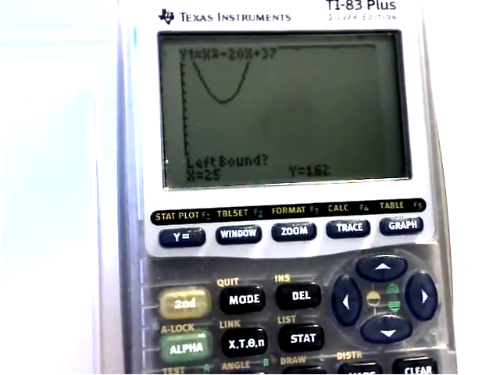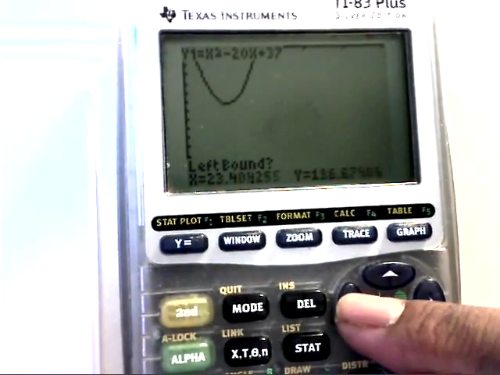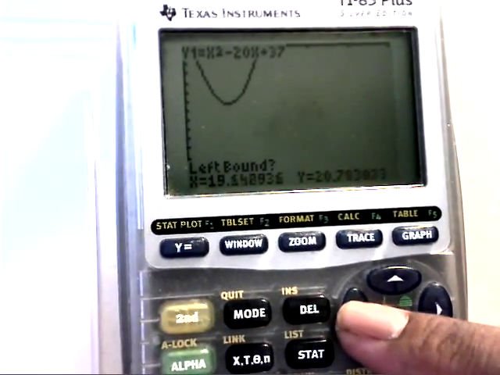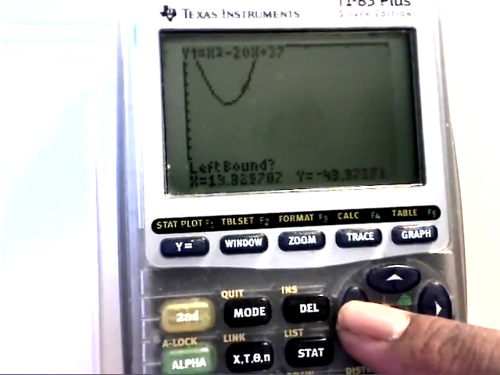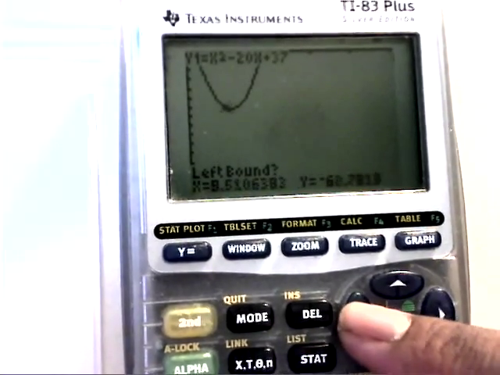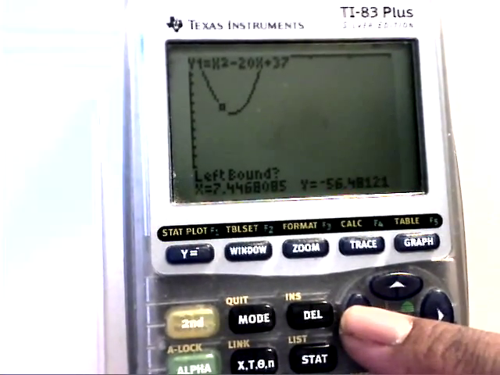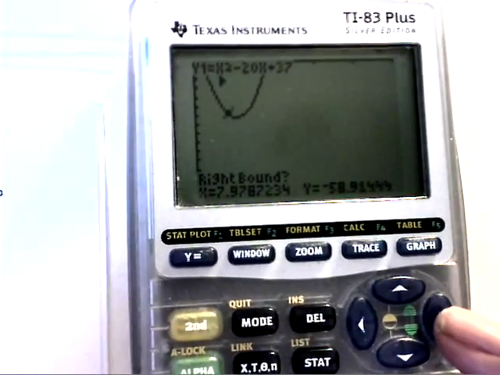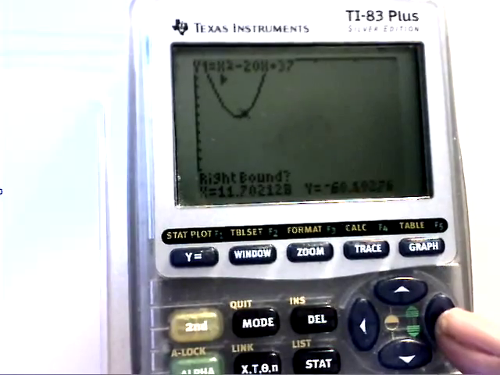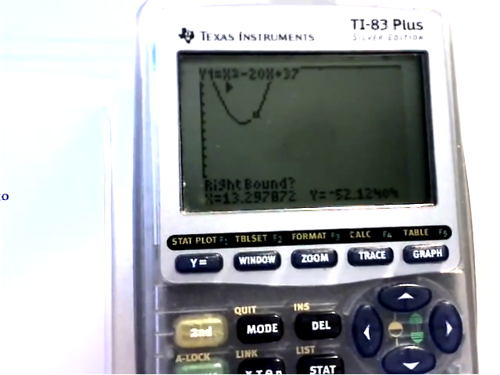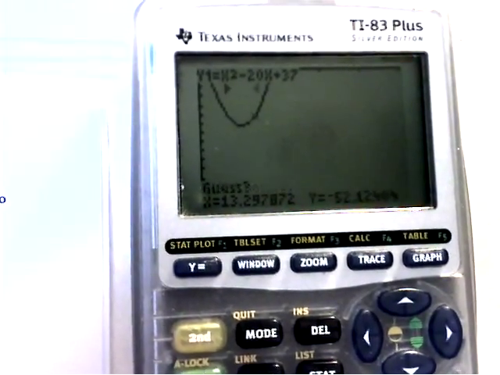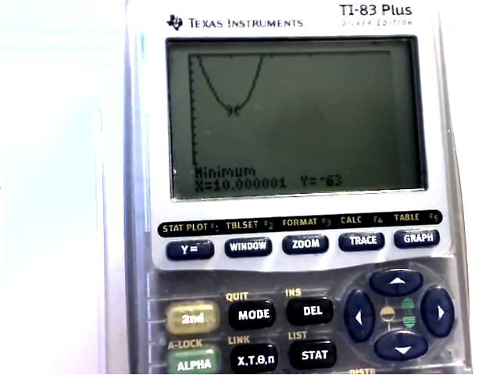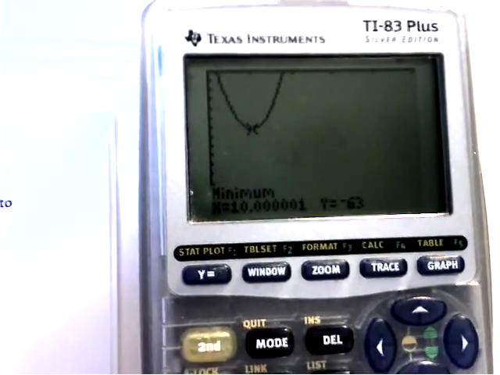And then for the left bound, we want to position the cursor on the left-hand side of the lowest point of this graph. There we go. And then press enter. The right bound, we're going to position the cursor on the right-hand side of the lowest point of that graph. And then press enter. Then after guess, go ahead and press enter. That's your relative minimum.